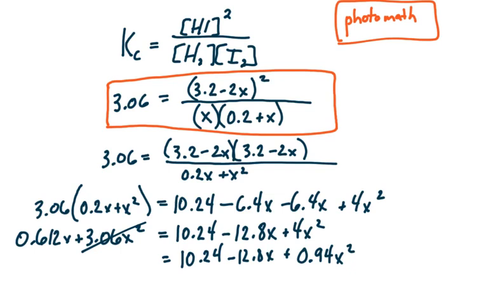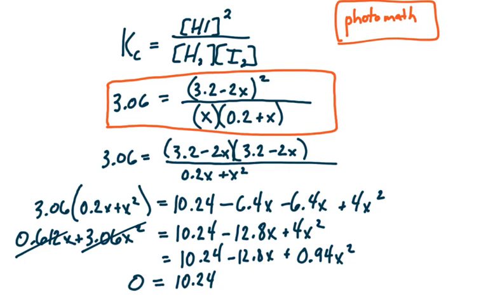And let's subtract 0.612x from both sides. And so I get 0, there's nothing over here now, is equal to 10.24. I have negative 12.8 minus 0.612x.